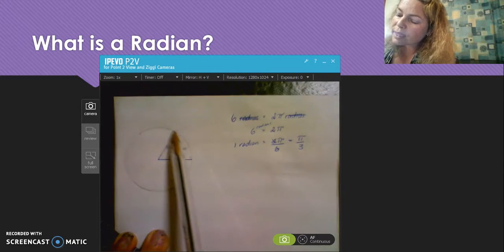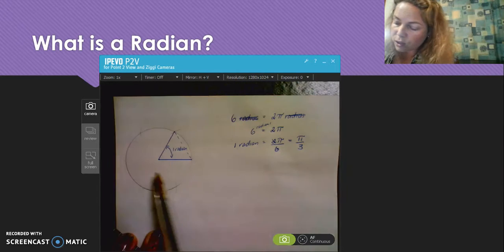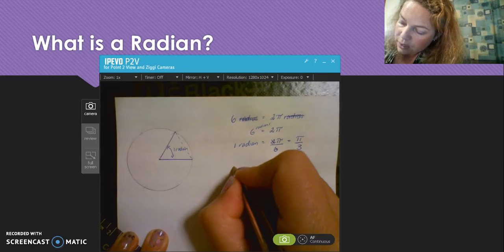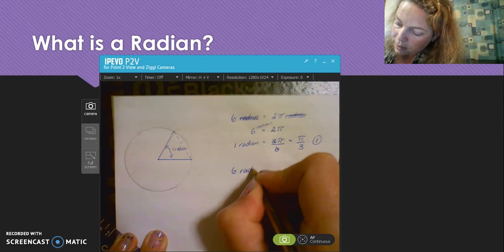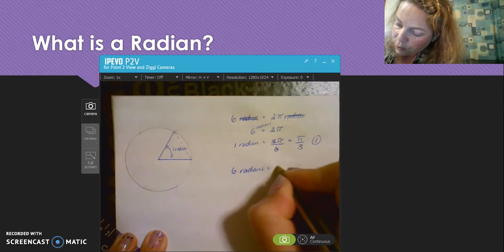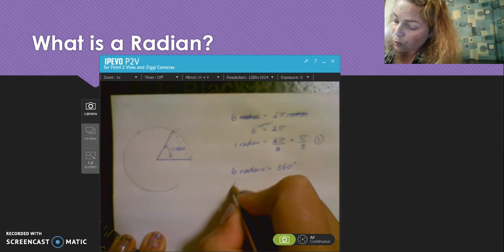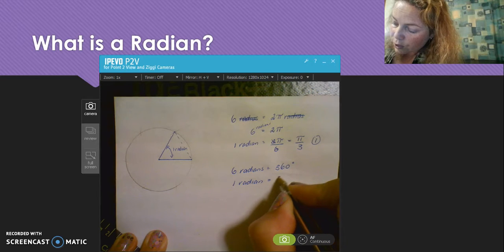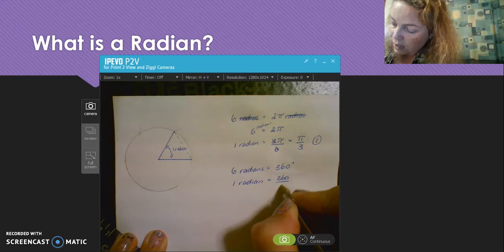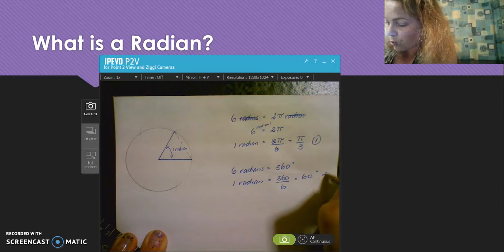Well, we know once again that 6 radians will take us around the whole circle. So 6 radians must also equal 360 degrees. Therefore, 1 radian is equal to 360 on 6, which is equal to 60 degrees.